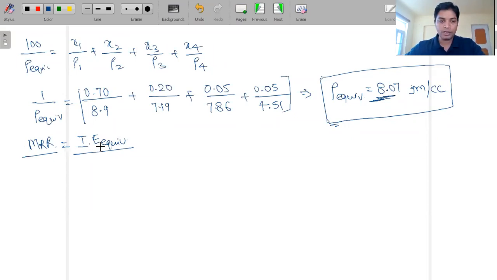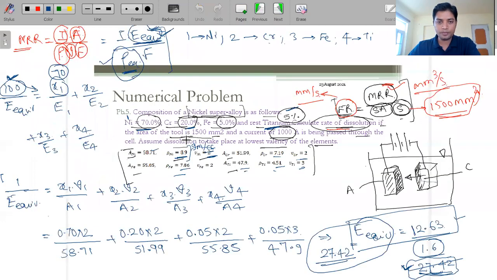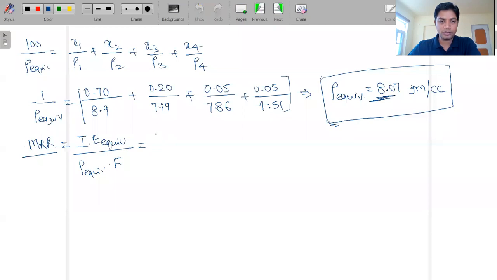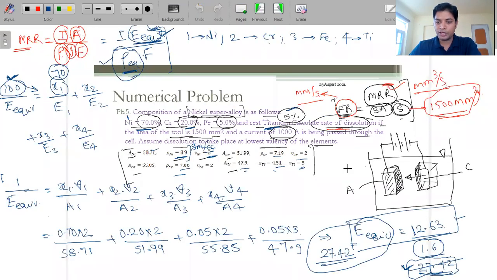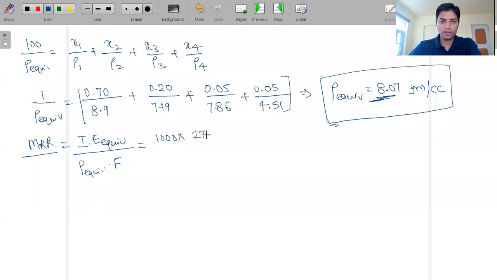Putting in the values, I is 1000 ampere, so 1000 into E equivalent, 27.42, upon rho equivalent, 8.07, into F, that is 96,500.